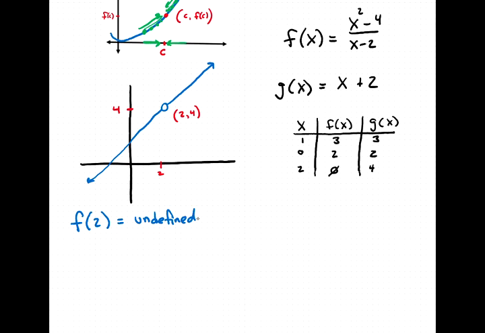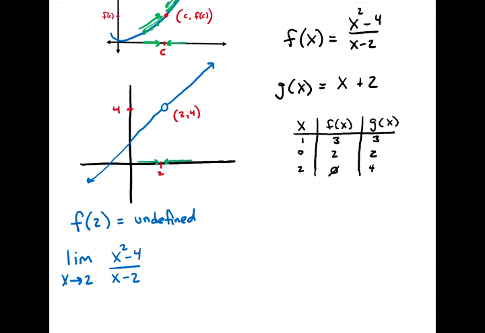There's no point on the graph when x is equal to 2, but the limit as x approaches 2 of x squared minus 4 over x minus 2, well, the limit is defined. We don't care about what happens when x is equal to 2, and that's the whole point of this limit. We care about what happens when x is getting infinitely close to 2.